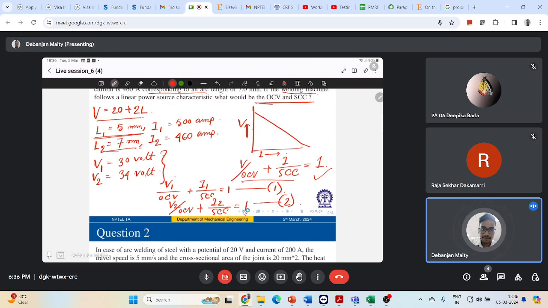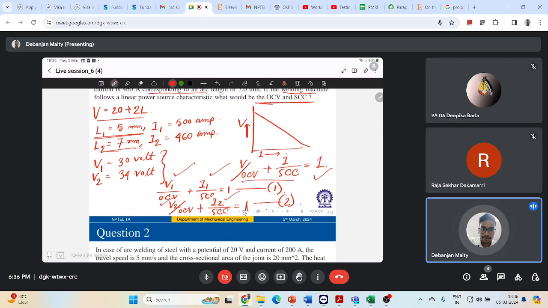Can you guys solve those two equations and give me some value of OCV and SCC? So you have the V1 value, you have the I1 value, V2 is also known, I2 is also known. You have two equations. We need to find out OCV and SCC.